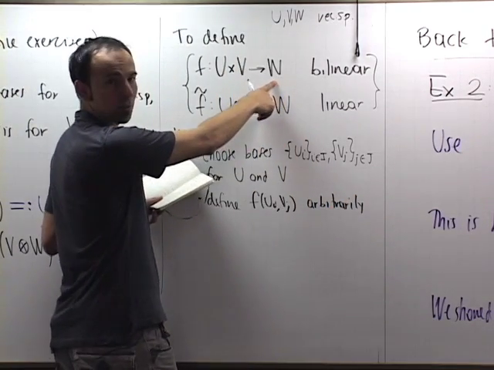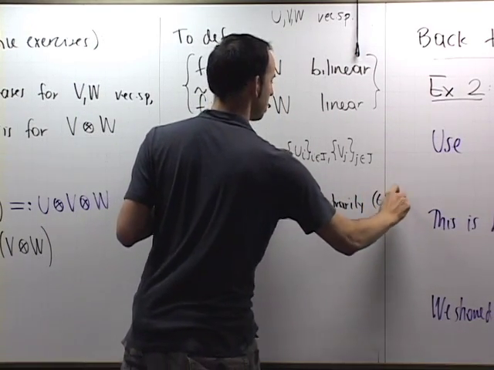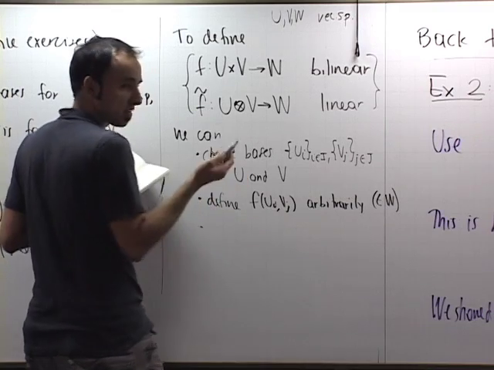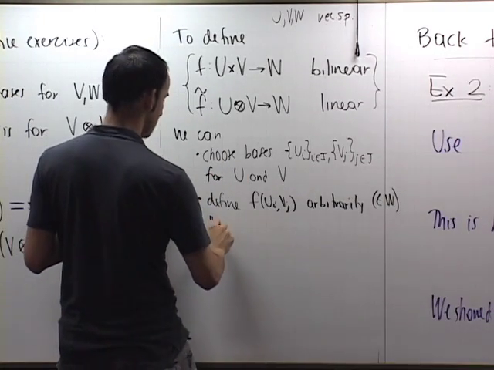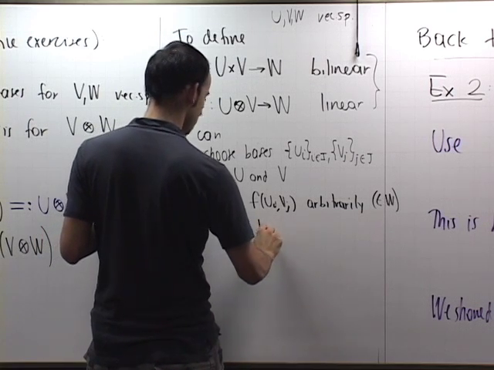You better make sure that it's in W. That's the only way that it's not arbitrary, but otherwise you can choose it to be anything. And then you just extend bilinearly. This is just like defining linear maps by defining them on a basis.